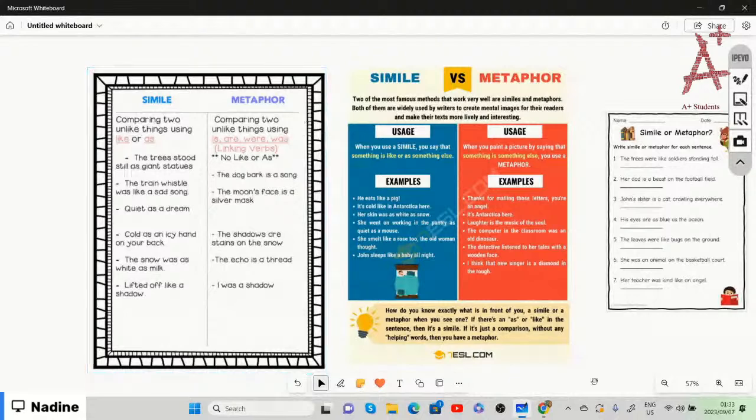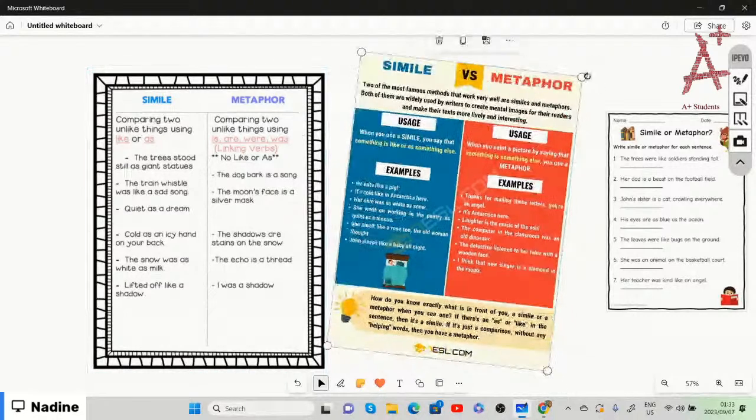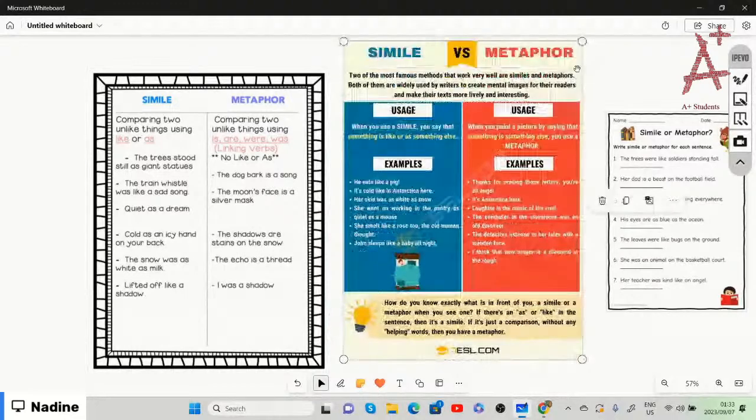And then we come to similes and metaphors once again. Similes and metaphors are two of the most famous methods that work very well, right? Widely used by writers to create mental images for their readers and make their text more lively and interesting. When you use a simile, you say that something is like or as something else.